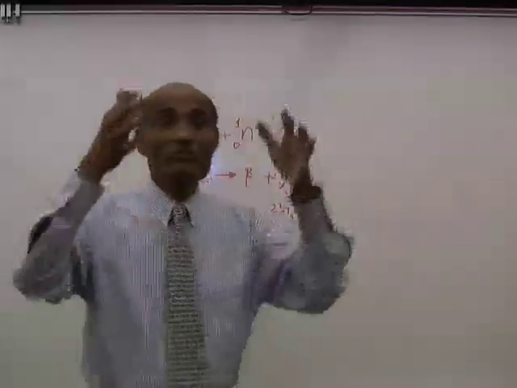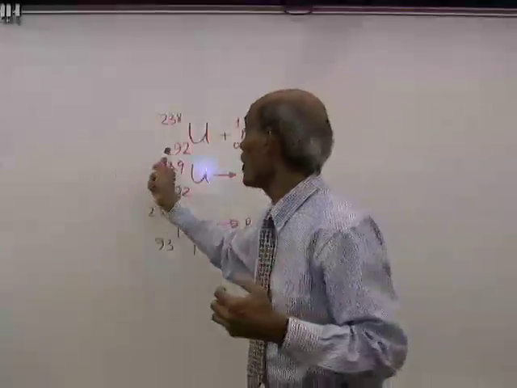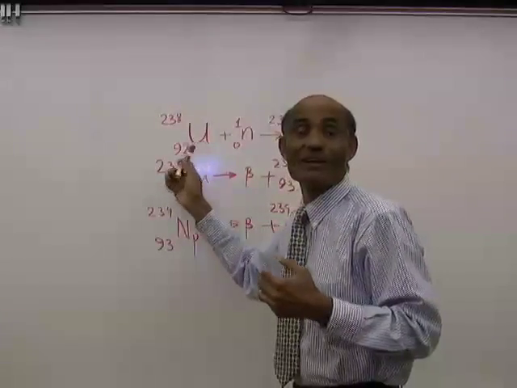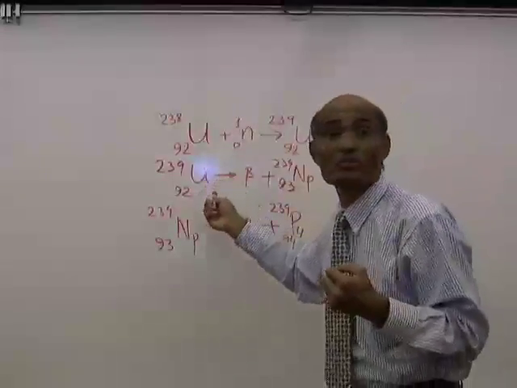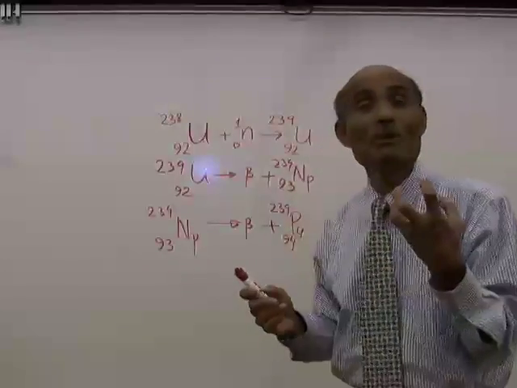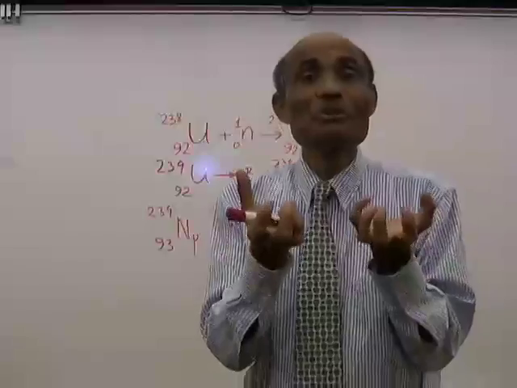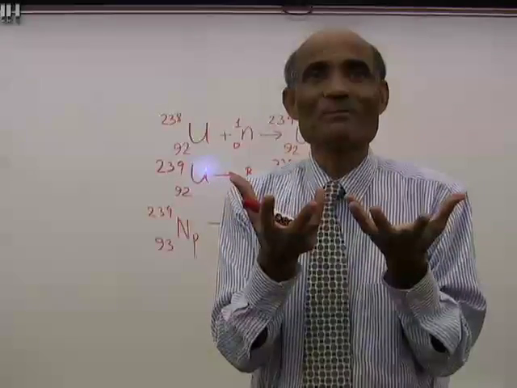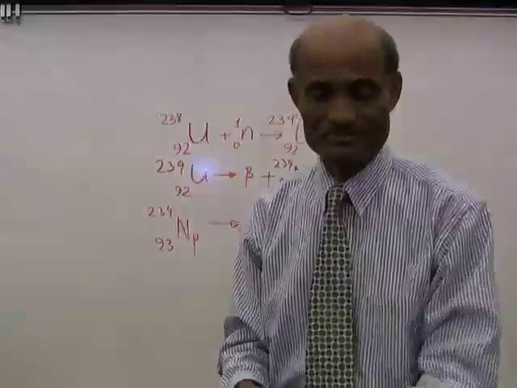So when you have a fuel rod that contains large quantities of this non-fissionable material, they will be absorbing neutrons and undergoing this transformation, producing plutonium in there. That means you are actually producing more fissionable material. That is a breeder reactor.